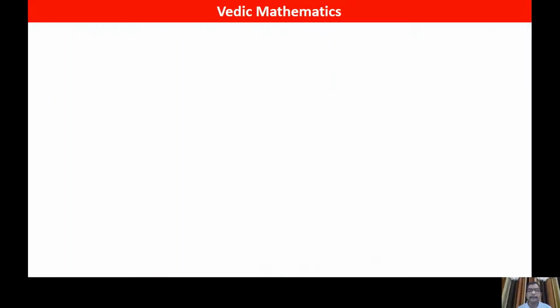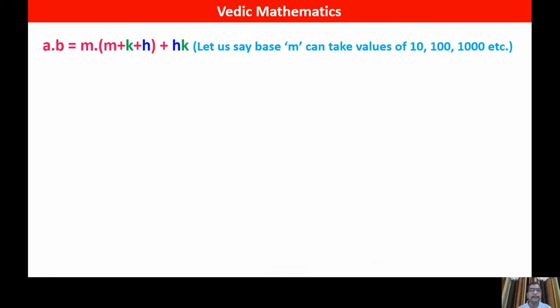For that purpose, we first remember that for any two numbers to be multiplied, we have to change the numbers in such a way that we have a base which is very close to the numbers, and that may be 10, 100, 1000, 10,000, whatever you want.